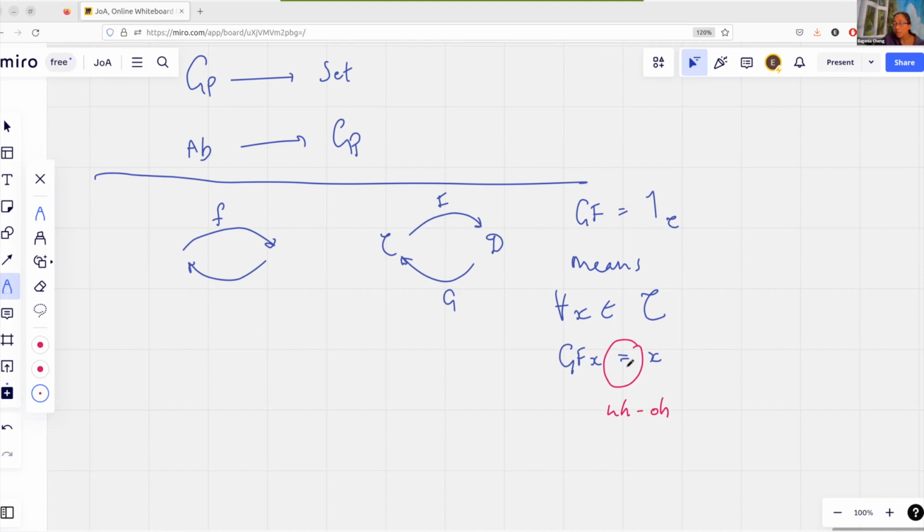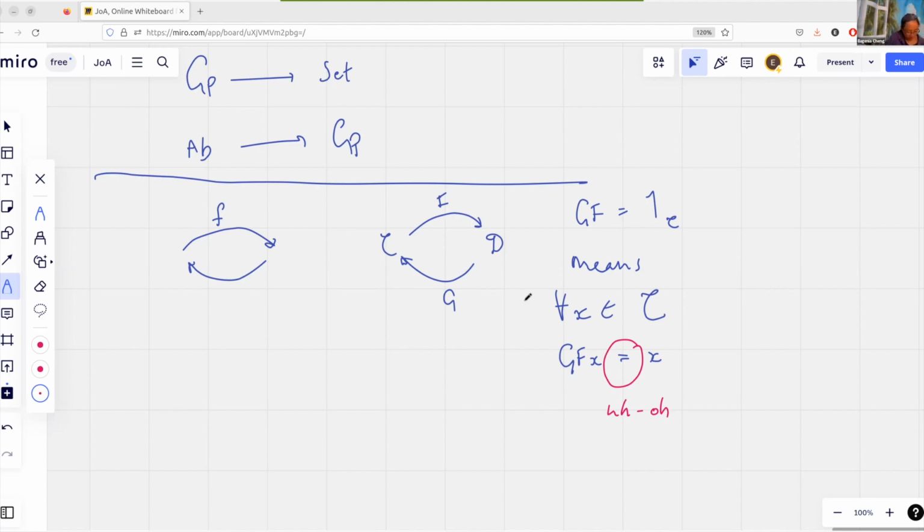Whenever we impose an equality between objects of a category, we should have warning signs blaring, saying, uh-oh, that's too strict. And so what that's telling us is that the notion of inverse for a functor is not a good notion, and a better one has an isomorphism here. And that's how we get the notion of a pseudo-inverse for functors and the notion of equivalence of categories. And I think that's coming in the next chapter.